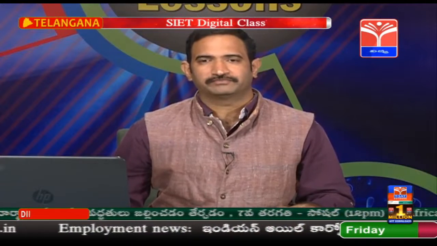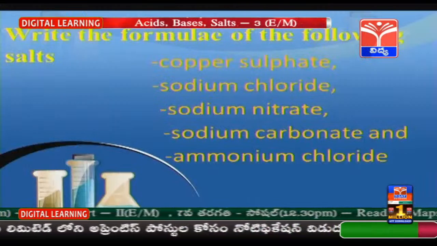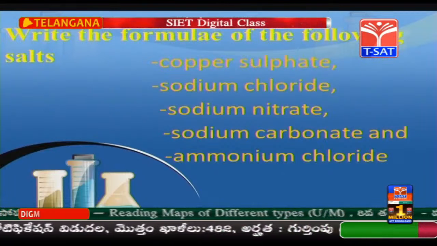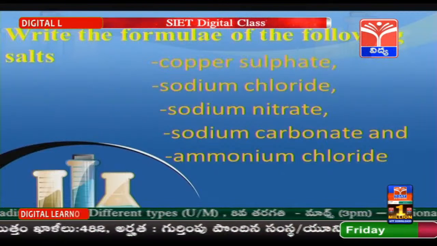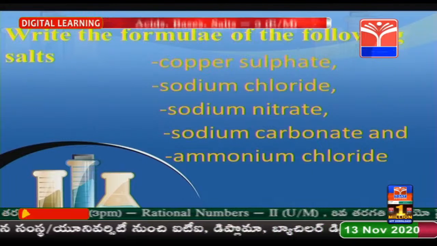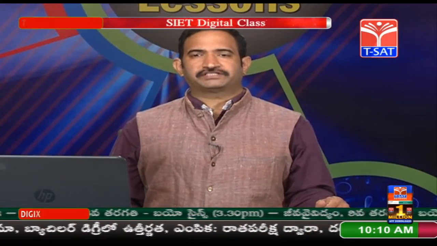Now start writing. There are 8 compounds for you now. Second compound is sodium chloride. Already we have given examples for sodium chloride, copper sulphate, sodium nitrate, sodium carbonate and ammonium chloride. Now children, here a small exercise for you.